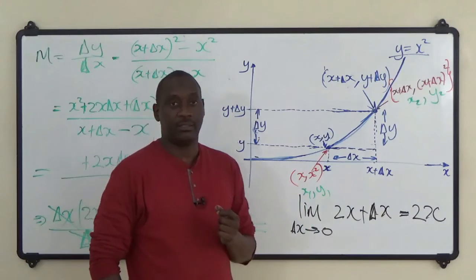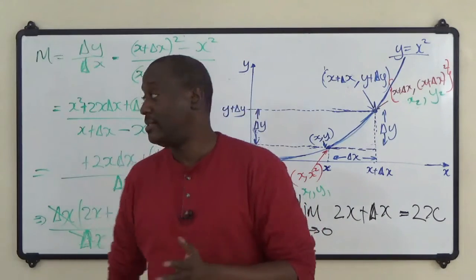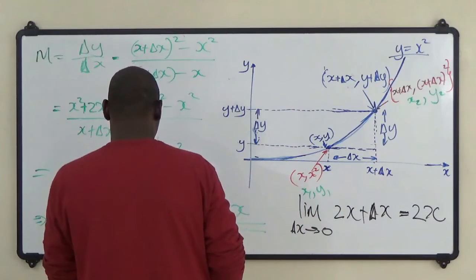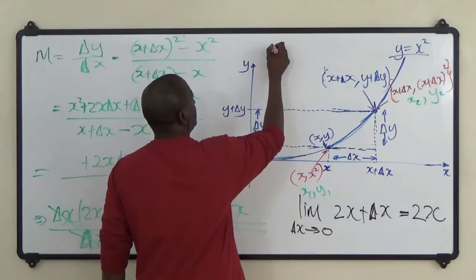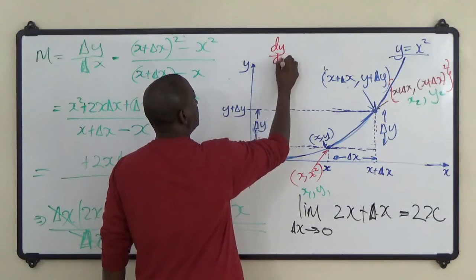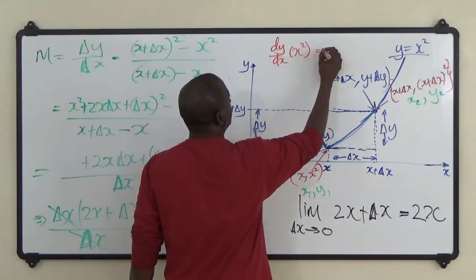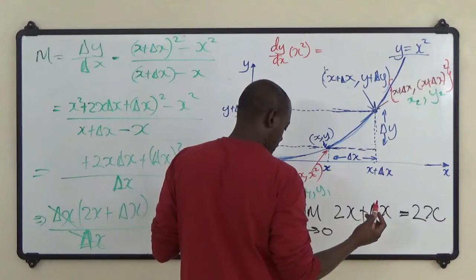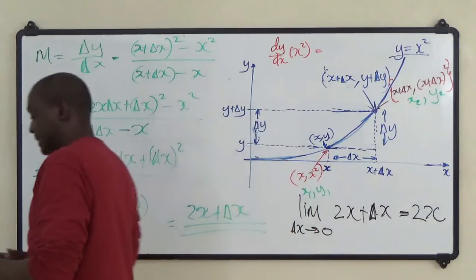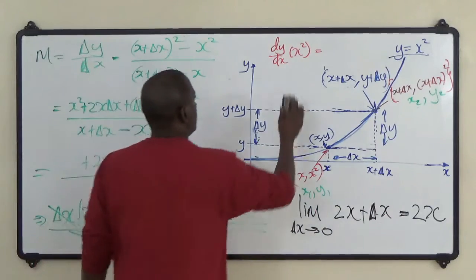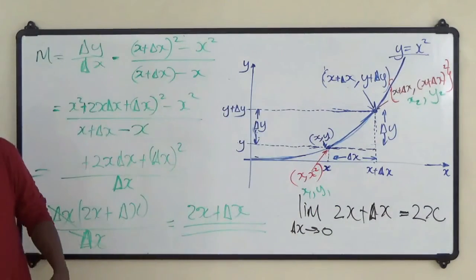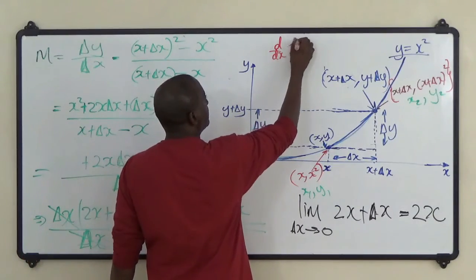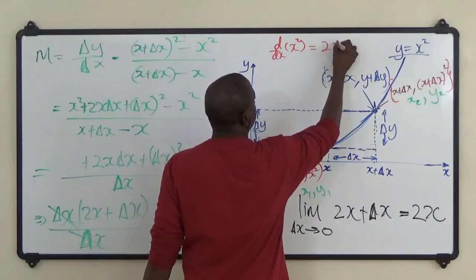And that, ladies and gentlemen, is how we get that d dx of x squared is equal to 2x, right?